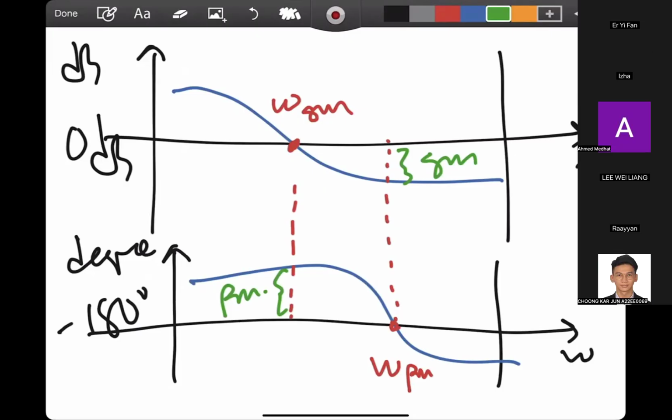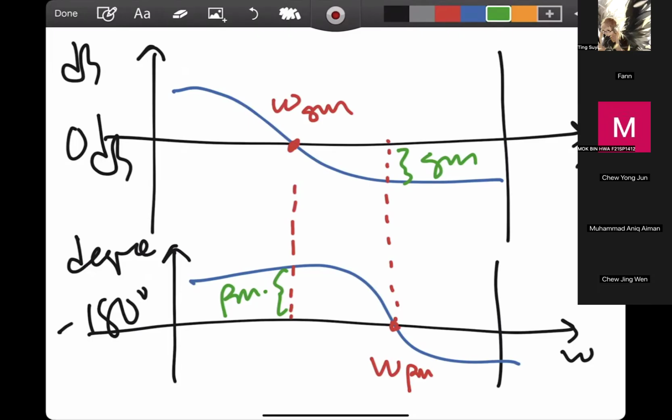Ryan. From the diagram I draw here, what is the stability status? Marginally stable.